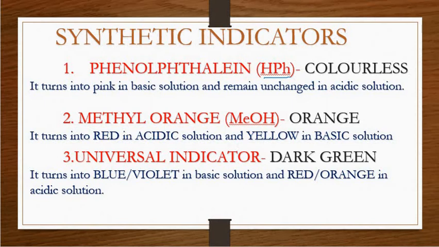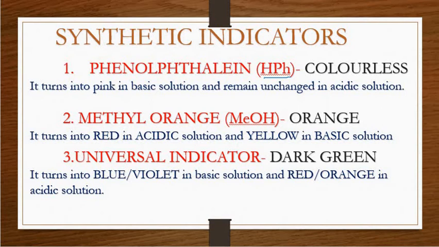Phenolphthalein is represented by HPh. Phenolphthalein's original color is colorless, and when it is added to a basic solution, it becomes pink in color. So it indicates the given solution is basic. And when phenolphthalein is added to an acidic solution, it remains unchanged.